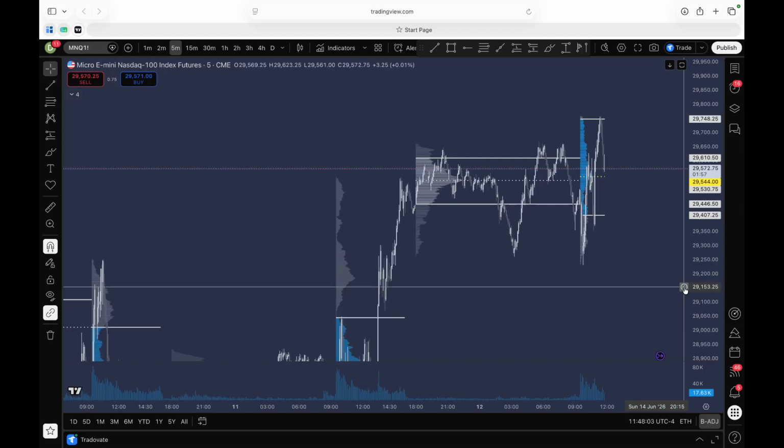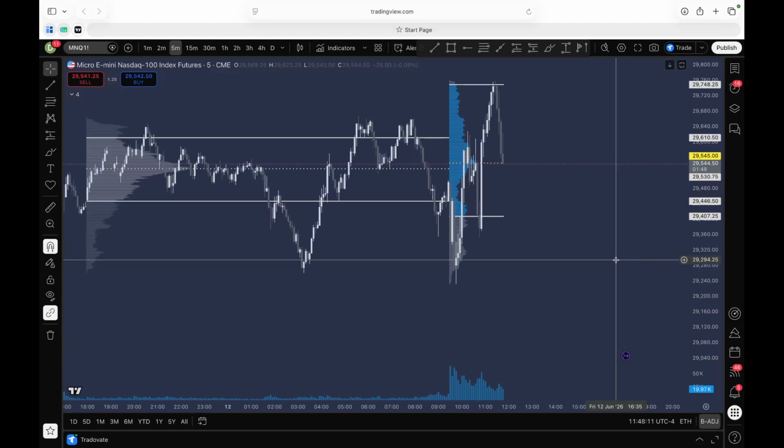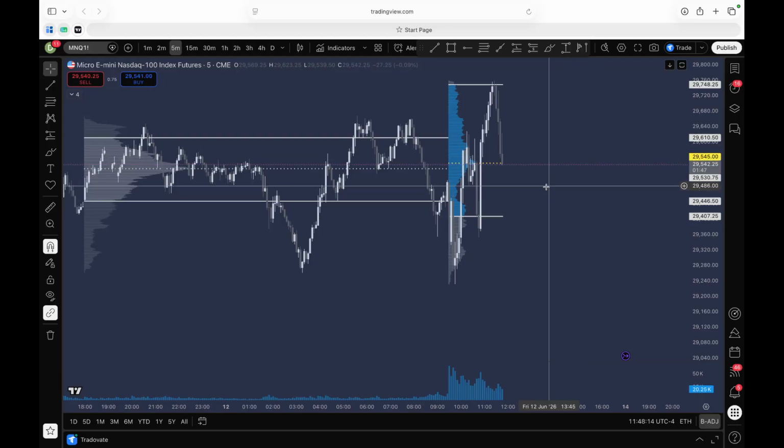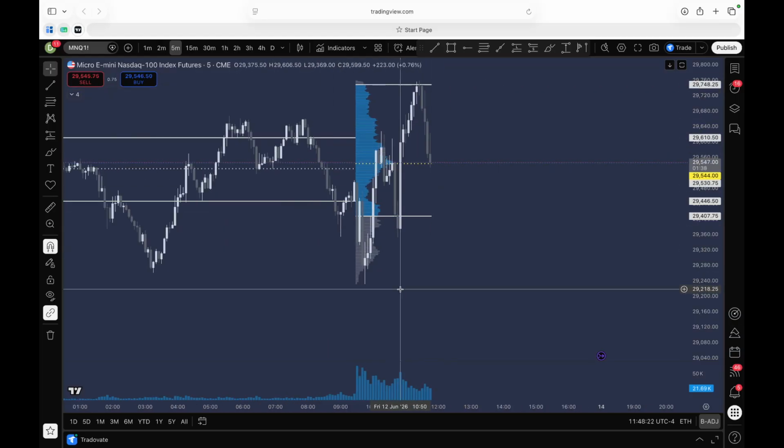To not get into full details, auction market theory essentially states that the market acts like an auction. For every buyer, there's a seller, which is true, and essentially it's just participating in that auction, and that's what makes price move up and down.